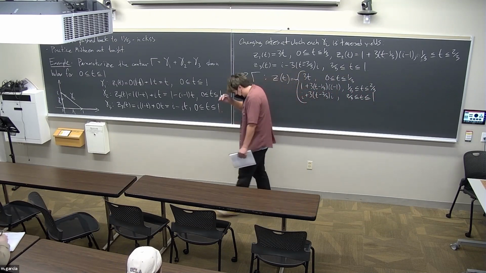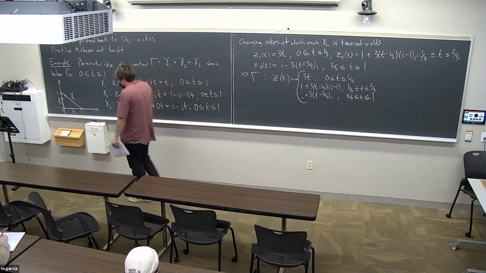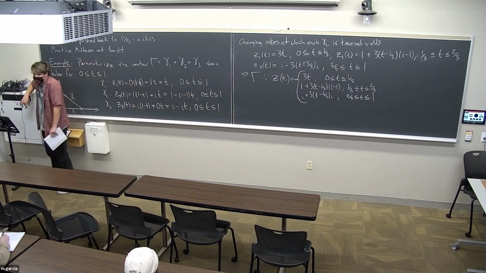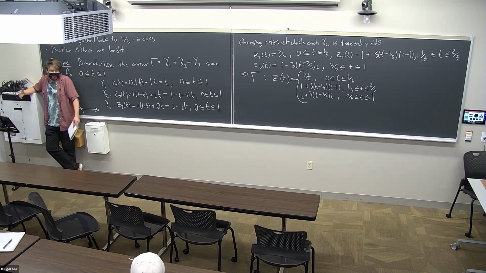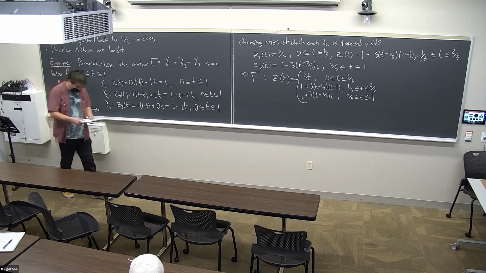But let me say that for our purposes, we'll almost always just be parameterizing line segments and circles. It turns out that suffices to do all the things with complex integration that we want. Almost always. Okay? Well, maybe I'll ask you some challenging problem down the line about having to parameterize some weird curve. But in general, you'll get by just fine knowing how to parameterize line segments and portions of circles. Okay?